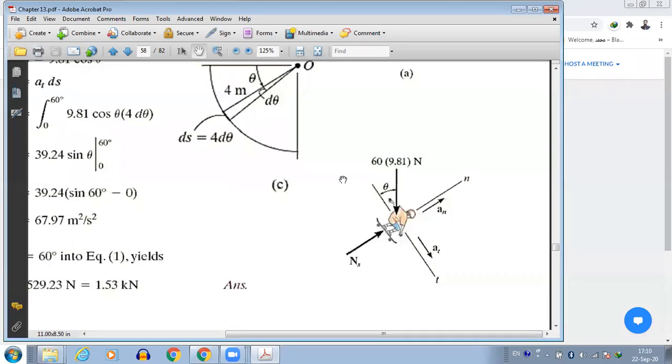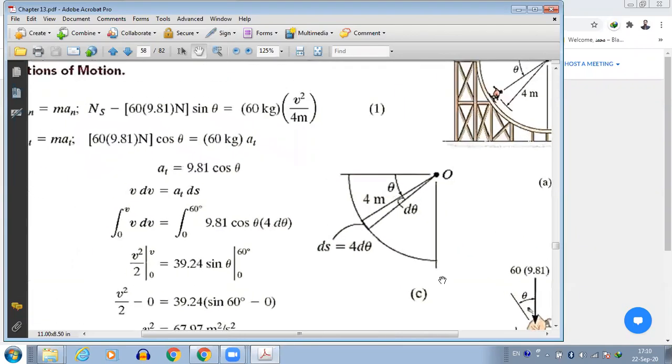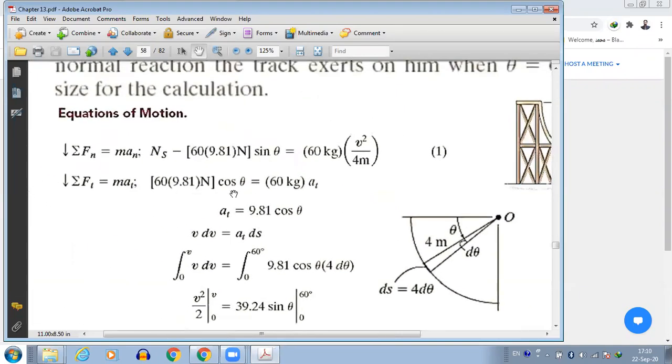It will be 60 into 9.81 cos theta equals m a_t, where m is 60 and a_t is the tangential acceleration. Before moving forward, I need to know, is this equation clear or not? Okay, good.